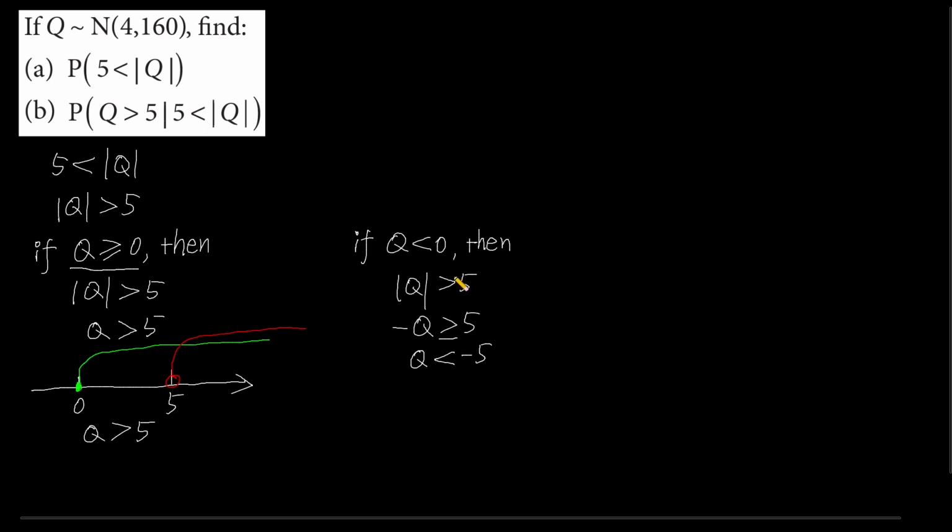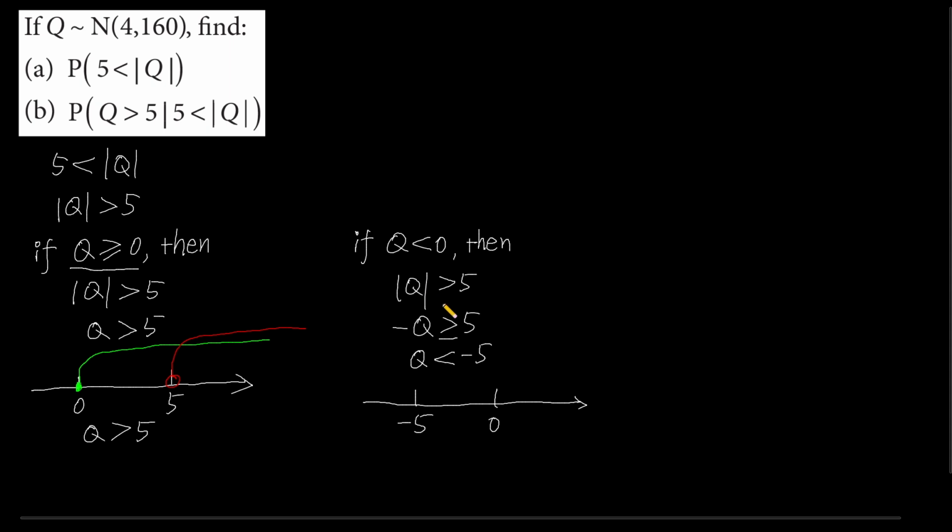We need to find the overlap region of Q less than 0 and Q less than negative 5. So we go to the number line. Here is 0. Here is negative 5.